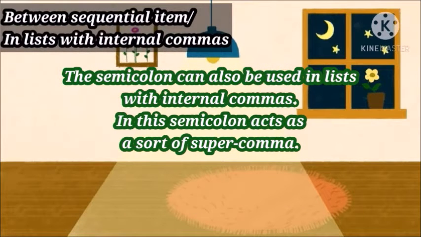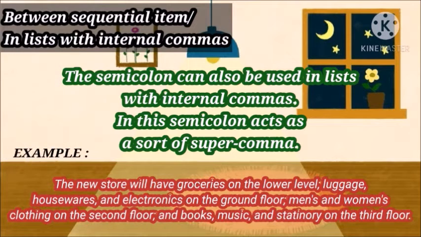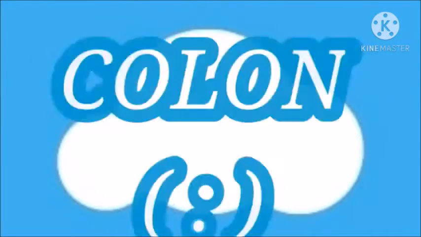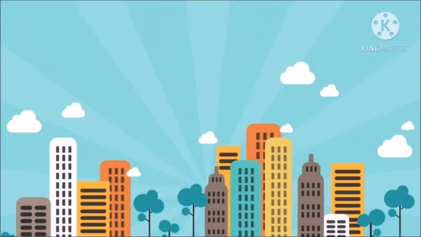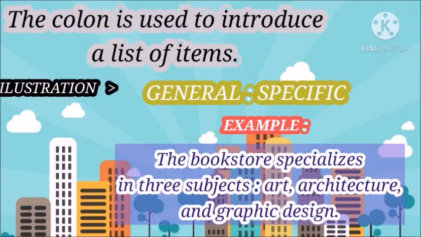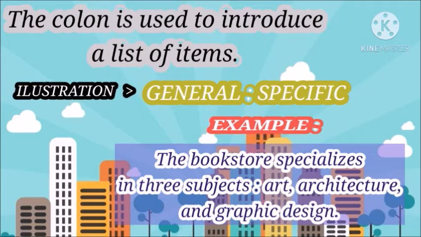The semicolon can also be used in lists with internal commas. In this usage, the semicolon acts as a sort of super comma. The colon is used to introduce a list of items.